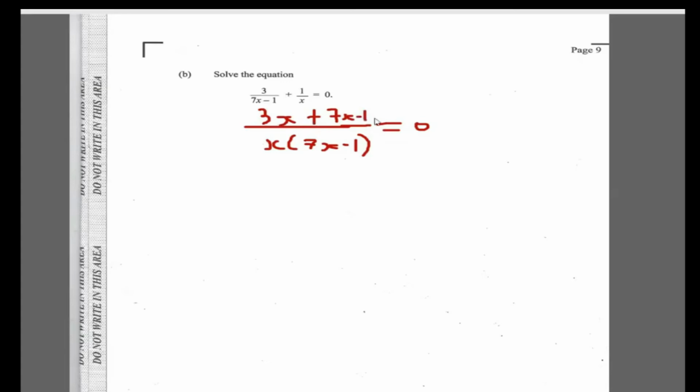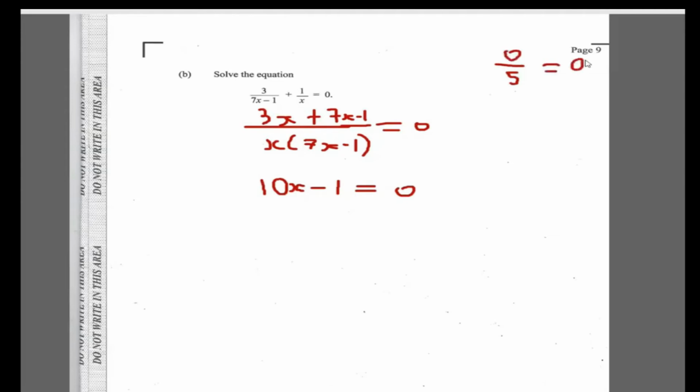Now all you have to do is add the numerators, and you're going to get 7x plus 3x is 10x, and the numerator will have 10x minus 1 is equal to 0. Now I can completely ignore the denominator, because think about it this way. No matter what the denominator is, once the numerator is 0, then the whole thing is 0.